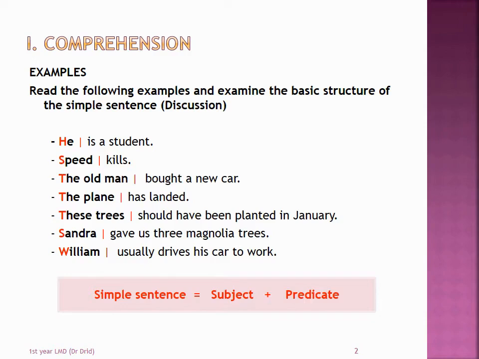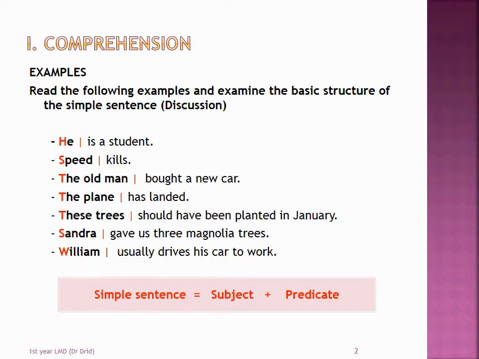The second thing to be said is that all of them express a complete idea, an idea which is independent. It doesn't need other ideas to complete it. For example, he is a student. This group of words, which has a fixed grammatical structure, expresses a complete idea. The same thing is found in the rest of the examples.